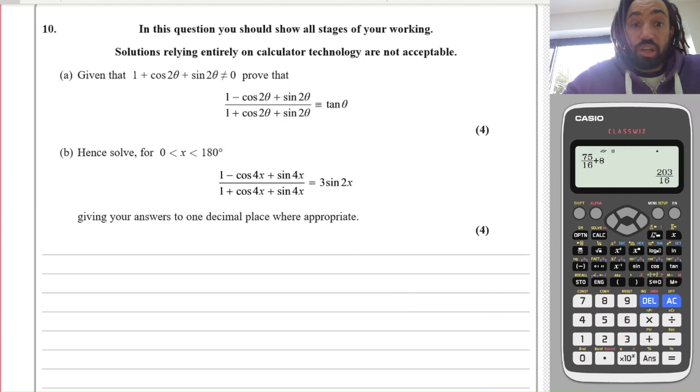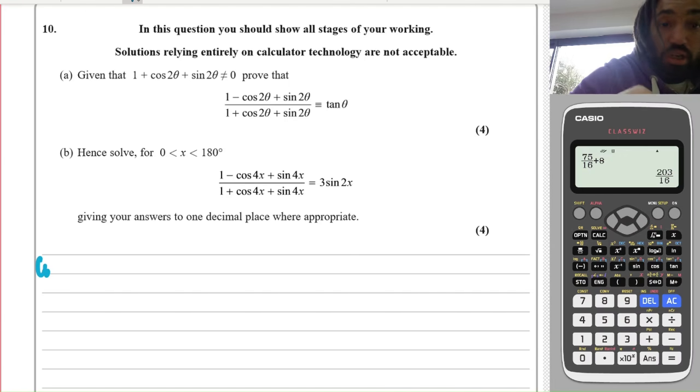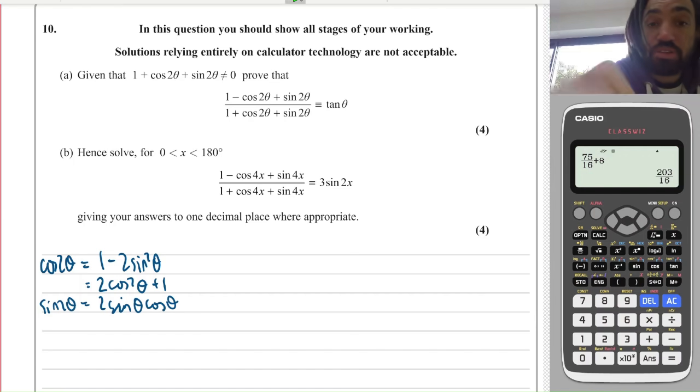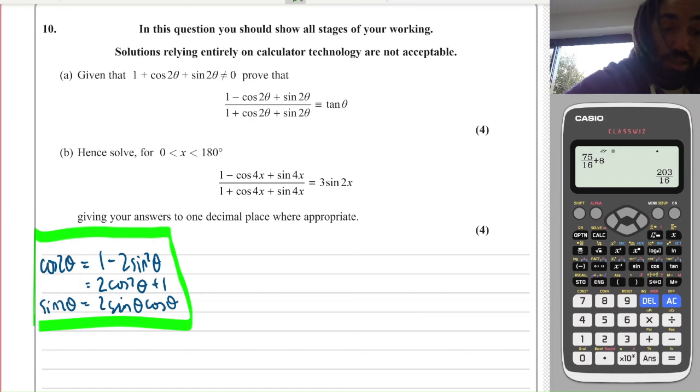Okay, this one we are going to need to use our cosine 2 theta expansions, and you need to know this one, and you also need to know this one, and you also need to know, of course, sine 2 theta as well, which is 2 sine theta cos theta. So those you absolutely need to know.